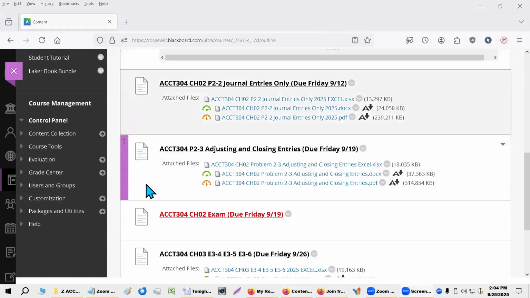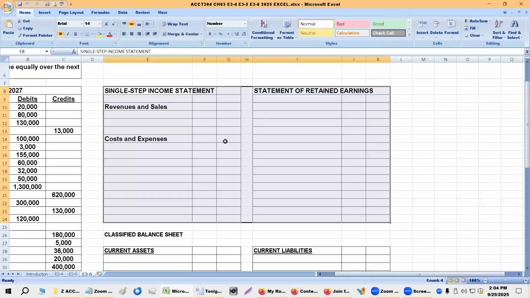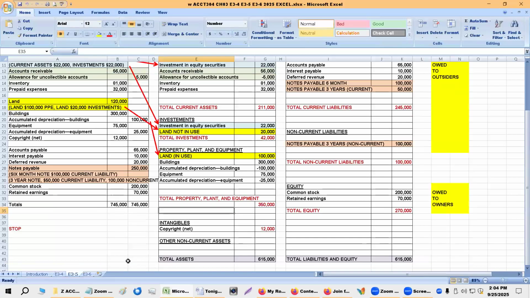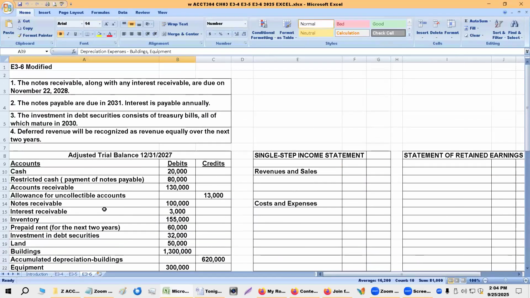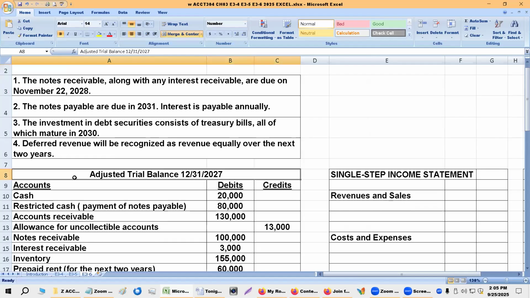All right. So let's see here. So this is E3-6, and I modified it. It's a little bit different, but very similar to what we did.